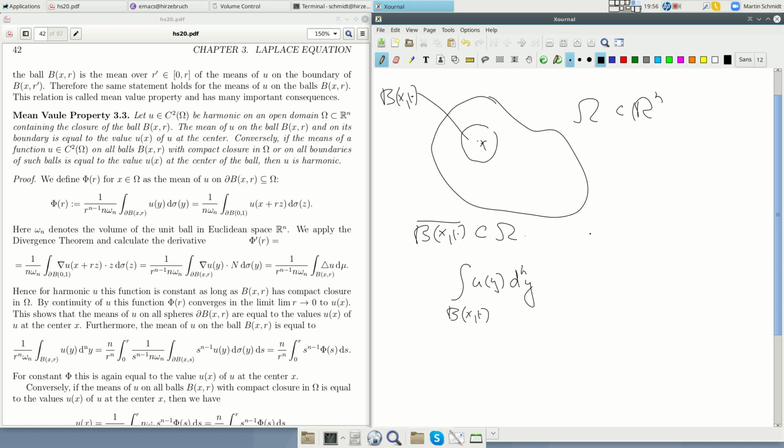And the volume of B(x, r) is omega_n, the volume of the unit ball, times r to the power of n. Since by rescaling, the volume in an n-dimensional space scales by r to the power of n, because all dimensions are scaled by r. Since we have n dimensions, it scales by r to the power of n.